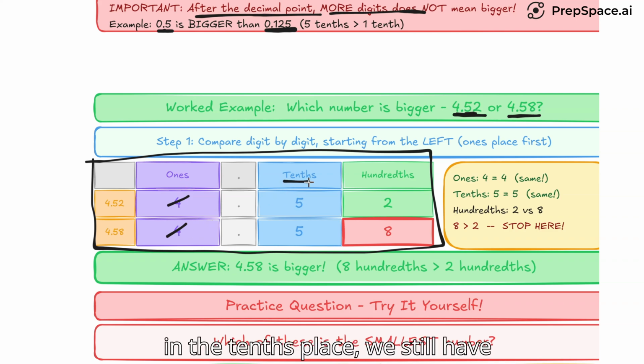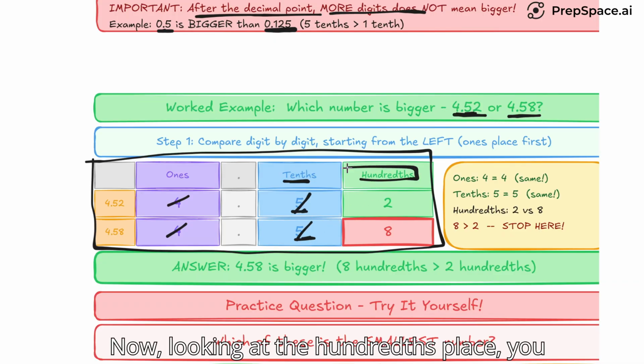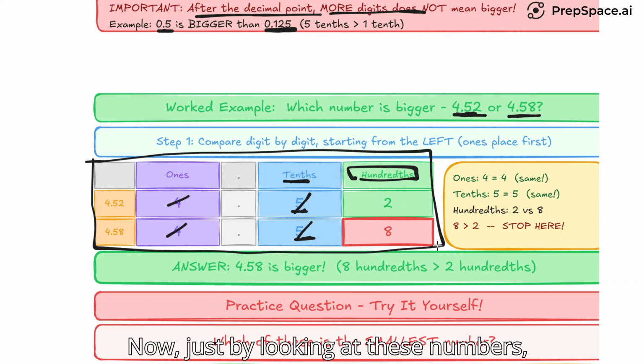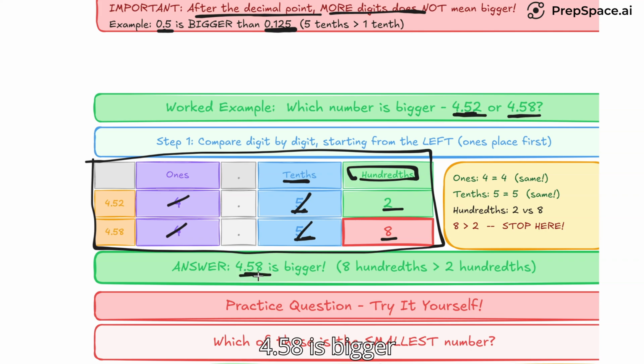Now in the tenths place, we still have 5 and 5, so this also cannot tell which is bigger. Now looking at the hundredths place, you have 2 and 8. Just by looking at these, you know which is bigger, 8 or 2. Obviously 8 is bigger. So that's how we say 4.58 is bigger, because 8 hundredths is bigger than 2 hundredths.